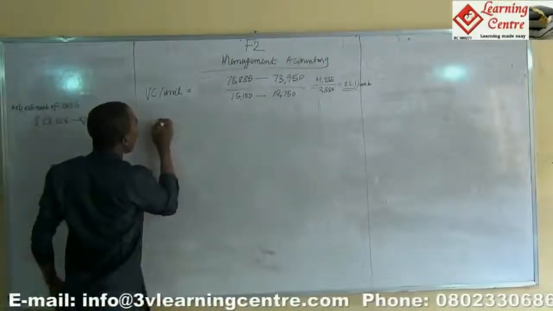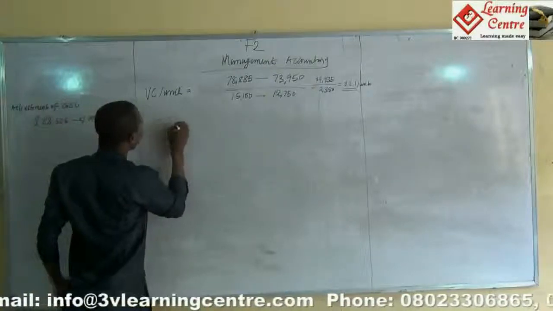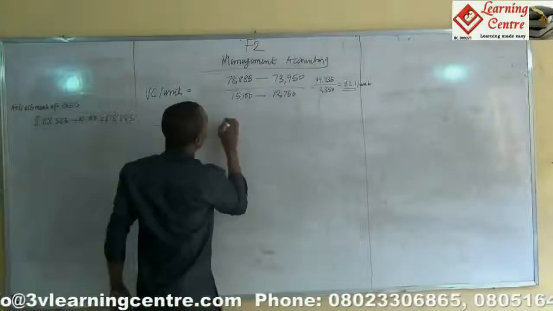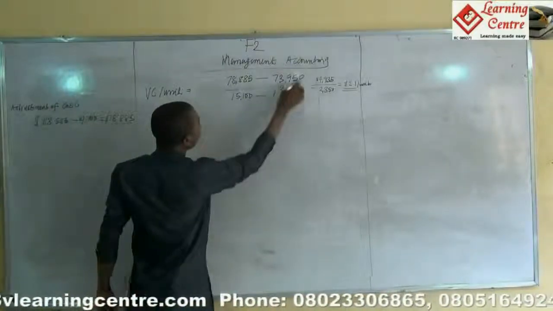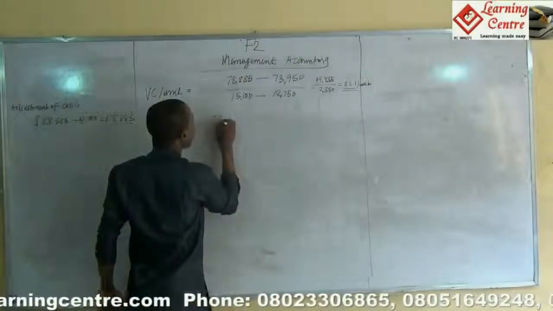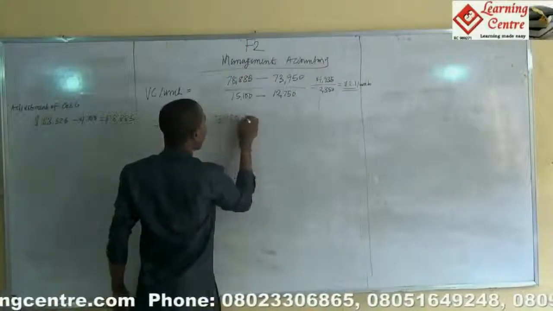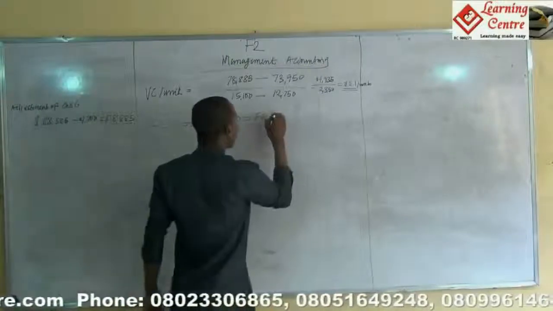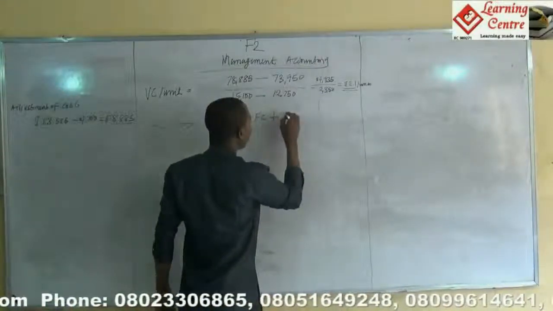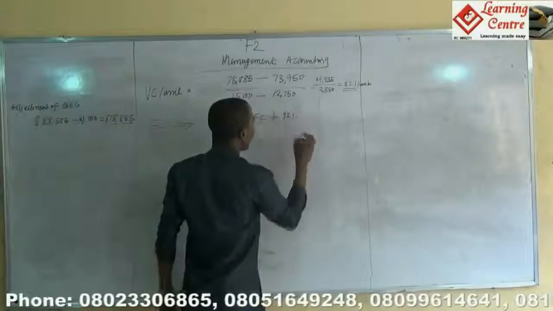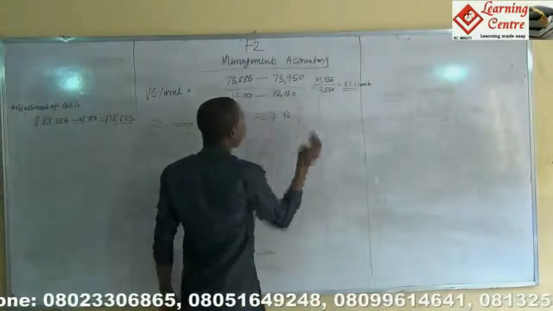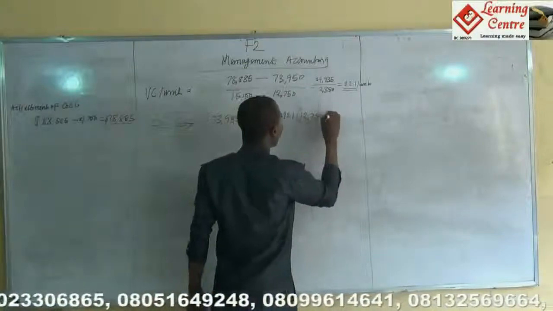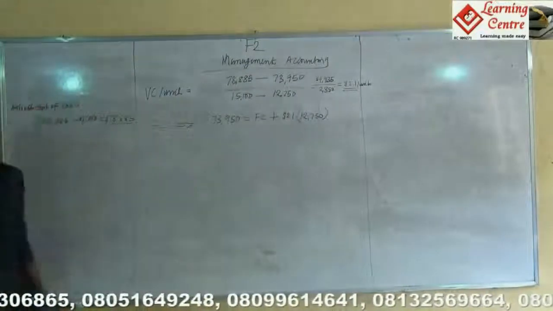How do I do that? My y equals fixed cost, which is what I'm looking for, plus my variable cost per unit, which is 2.1, that is my b, into bracket the activity level I'm looking for, 12,750. We use the 73,950 as my y.